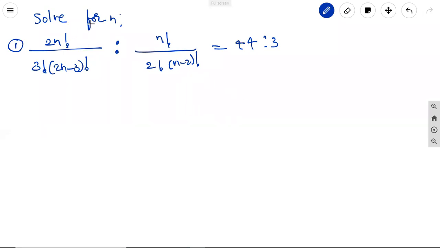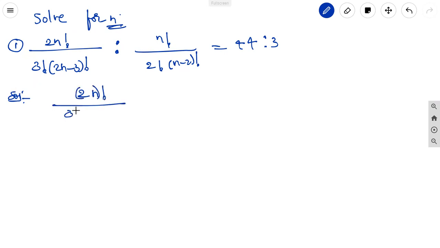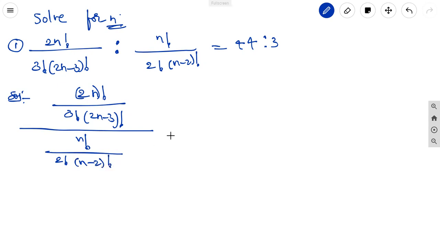Next problem, solve for n. The question is 2n factorial by 3 factorial into 2n minus 3 factorial, ratio n factorial by 2 factorial into n minus 2 factorial, equal to 44 ratio 3. That is nothing but we can write it in the a by b form: 2n factorial by 3 factorial into 2n minus 3 factorial, whole by n factorial by 2 factorial into n minus 2 factorial, equal to 44 by 3.